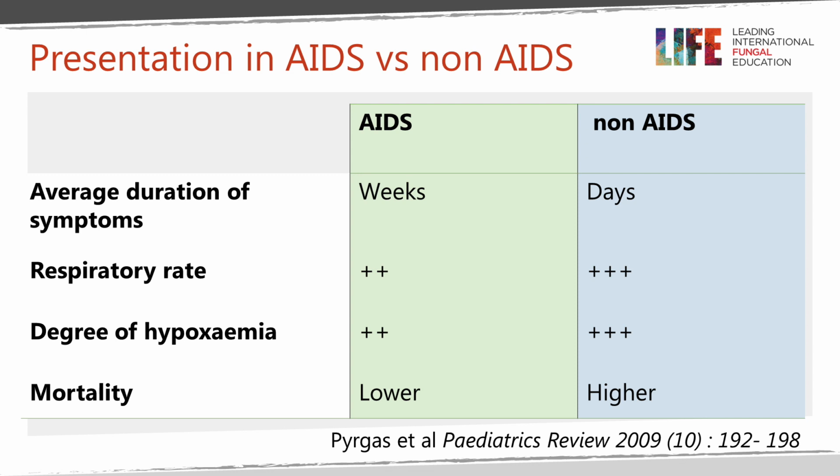While in the non-AIDS patients, pneumocystis pneumonia tends to be an acute illness. They will also have a higher respiratory rate, so they will be more tachypneic with a higher degree of hypoxemia, and they have also been found to have higher mortality than patients who have pneumocystis pneumonia in the context of AIDS immunosuppression.